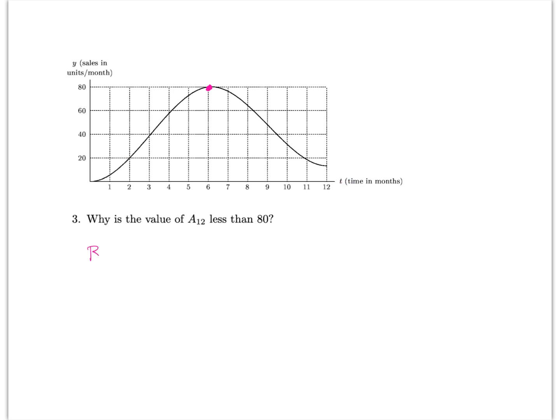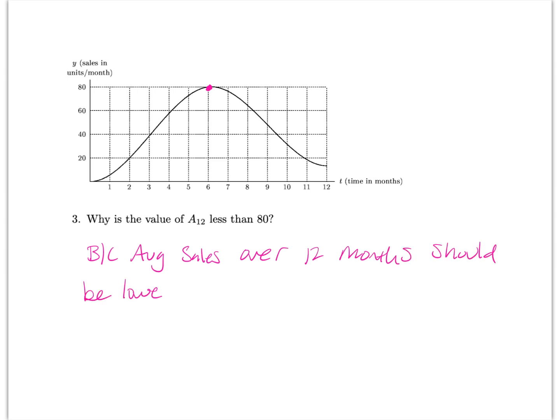Okay, so because average sales over 12 months should be lower than our peak sales of 80 units per month in June.